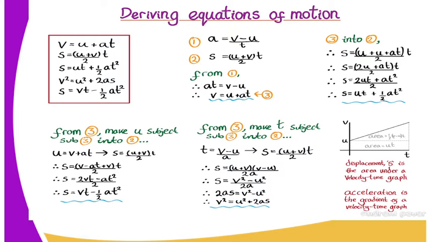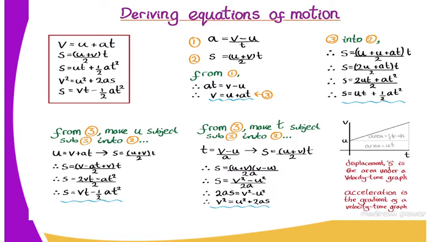The second equation is s = ut + ½at², as you can see from the diagram. And how do we get that equation? The displacement s of a body is given by the average velocity times the time, which is (u + v)/2 times t. But v = u + at.